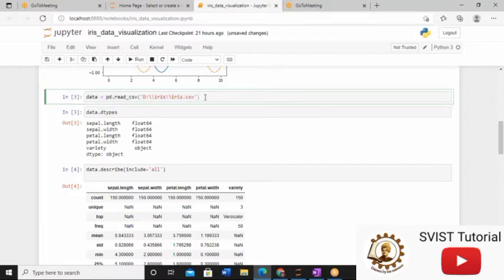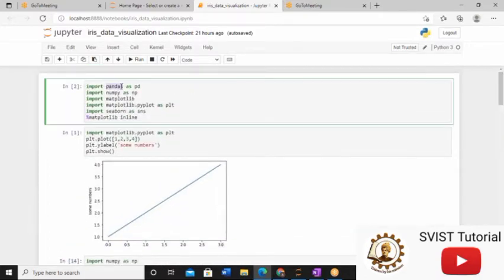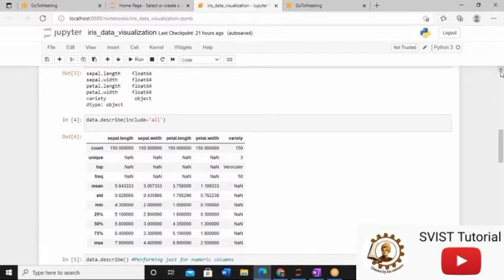So once I write this line pd.read_csv, then my data set or data frame will be included and it will be stored in the data variable. But what is this pd? So we know that pd is an alias of the pandas library. So this is the pandas library and this pd is the alias of the pandas library. So up to this portion it is done.